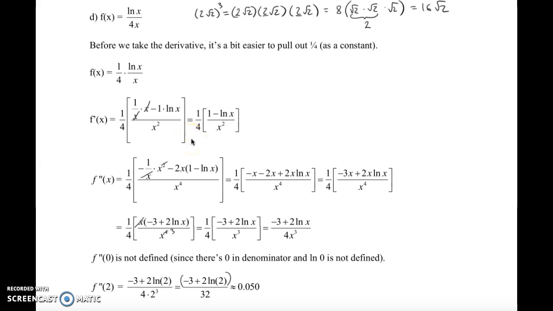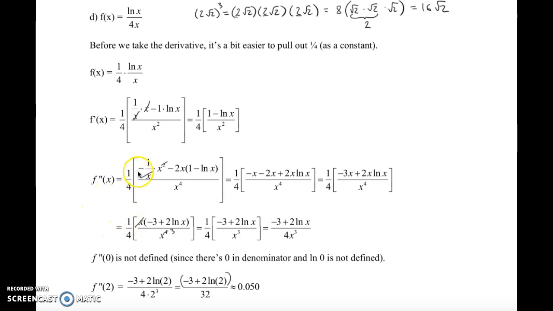And when we go ahead and simplify this, the x here and the 1 over x cancel, because this is the derivative of ln of x times x, so those two things just cancel out. We're left with 1. And 1 times ln of x is just ln of x over x squared. And we're going to leave our 1/4 pulled out because we're going to go ahead, take our second derivative, and we're going to do the same thing all over again here.